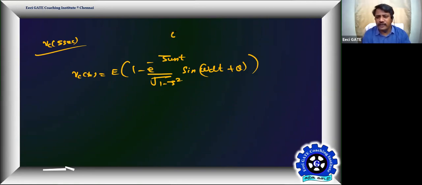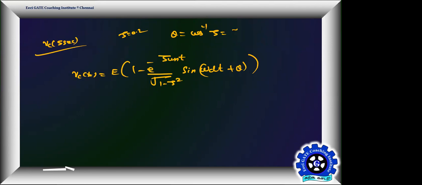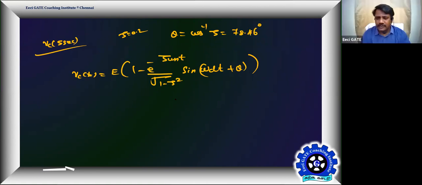Omega d we know, theta alone is unknown. Theta is cos inverse of zeta, cos inverse of 0.2, which is 78.46 degrees.